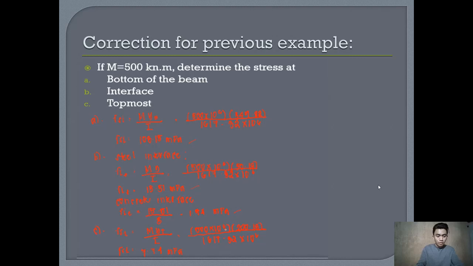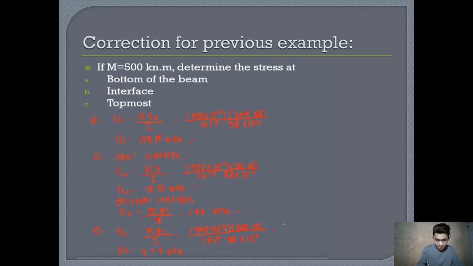If you input the value for FST, we have 500 times 10 raised to 6, multiplied by 200.18, divided by the transformed moment of inertia, which is 117.32 times 10 raised to 6. The value there isn't automatically 7.74 MPa, right? The value that we will have is 61.